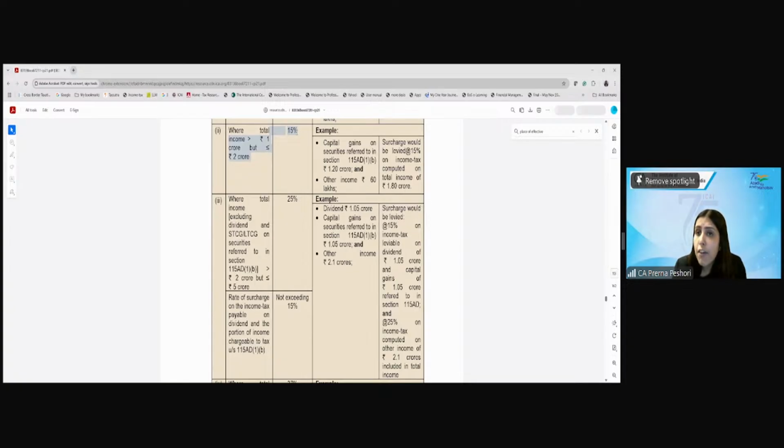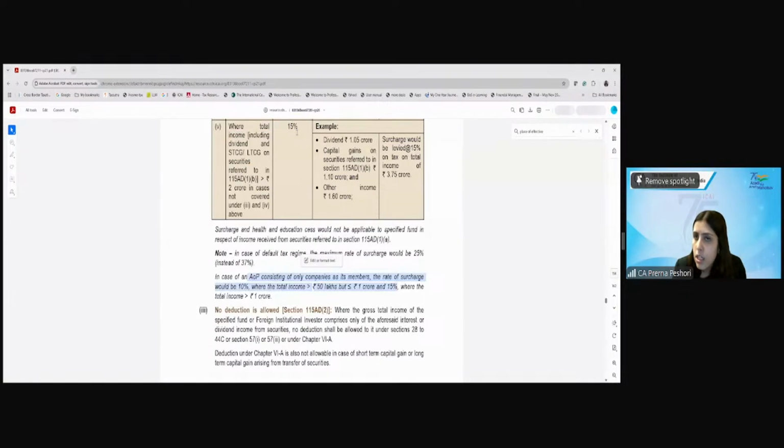Also, in case the FPI is incorporated as an AOP consisting only of companies as its members, the rate of surcharge will not exceed 15% even when the income exceeds 1 crore. Are we clear? Yes or no? Here also you will not get the benefit of the first and the second proviso to Section 48.